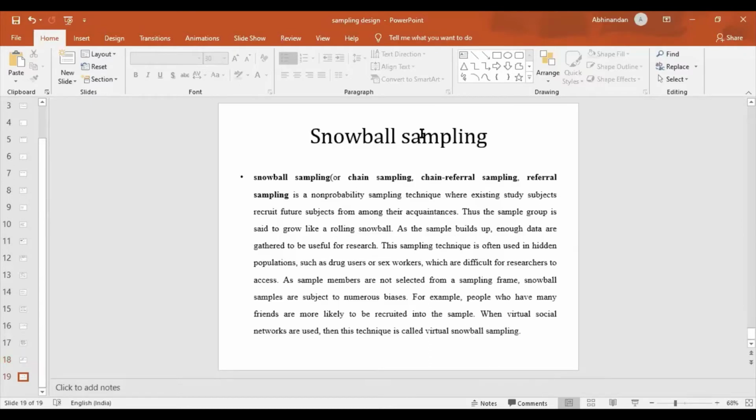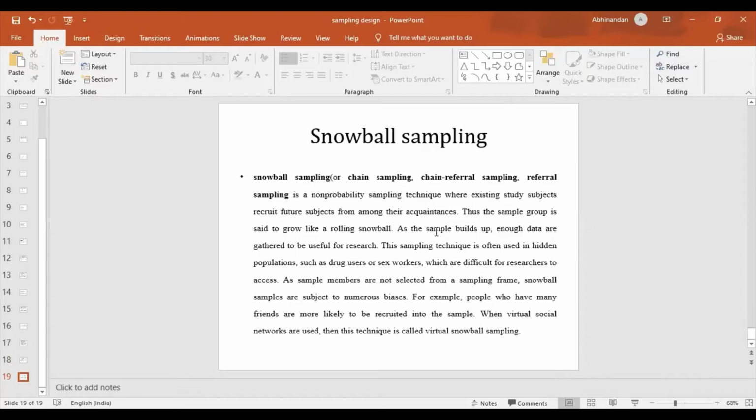The last one is the snowball sampling technique. Snowball sampling is a non-probability sampling technique where an existing study subject recruits a future subject from among their acquaintances. Sometimes we don't know who my respondents are. It is very difficult. Here one example is given.